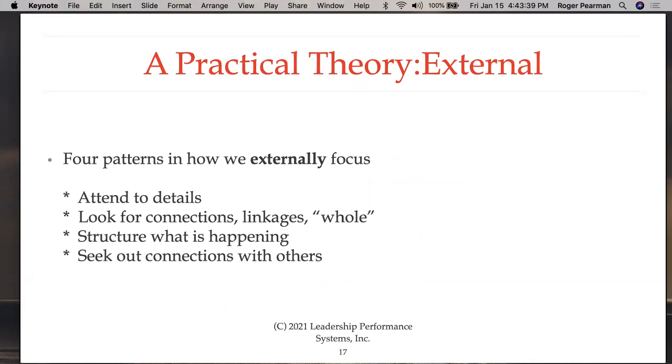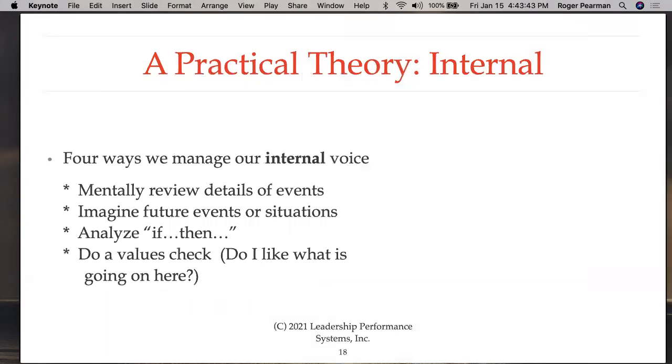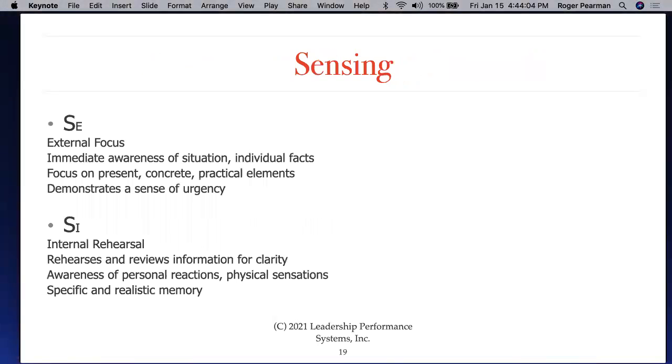We're wanting to pay attention to the structure we see and find connections. Internally, when we're reflecting on things, we are trying to make sure our detailed review is right and that we've imagined and anticipated future situations. We create if-then scenarios and test out hypotheses and sort of do a values check. Is this what I really wanted to achieve?